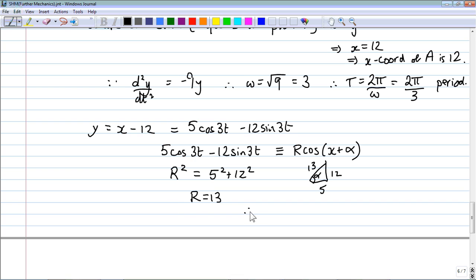So the amplitude is 13. What we're trying to say is that if we write this in its most general, single trigonometric function form, I'm getting 13 cos (3t plus inverse tangent 12 over 5), I think it is.